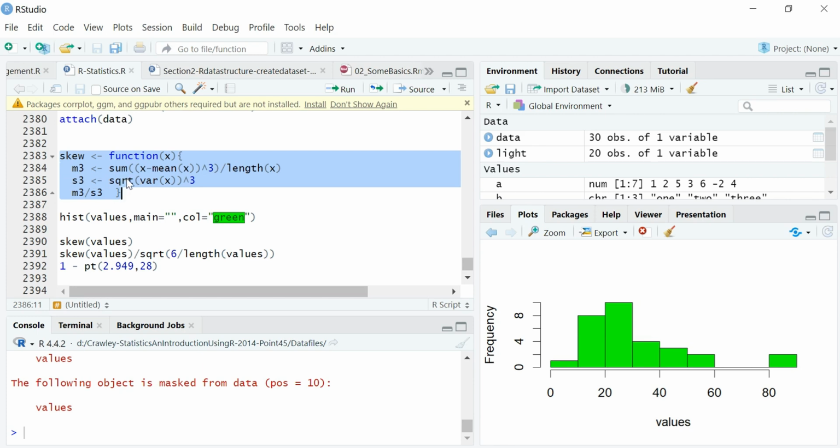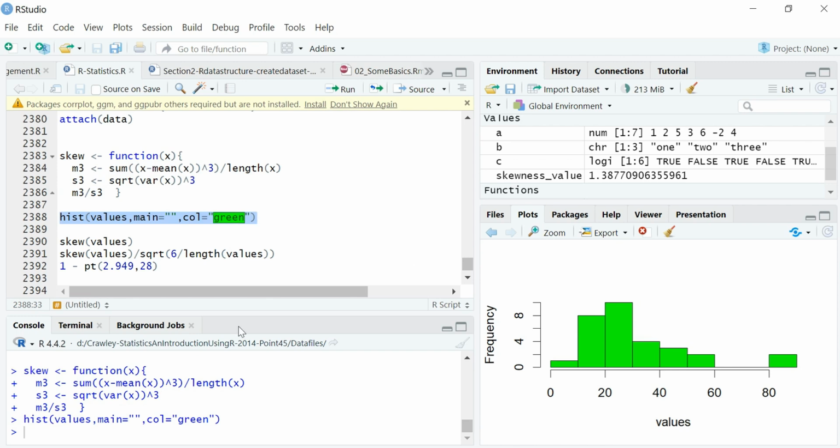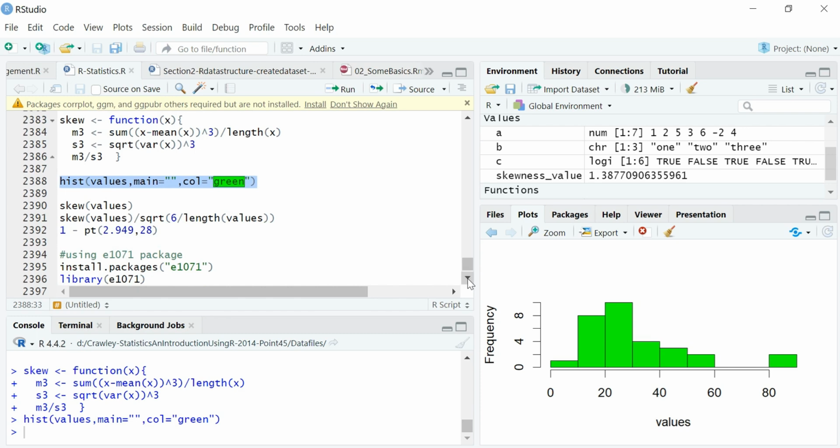This computes M3, S3, then M3 divided by S3, based on the definition of skewness: the third moment divided by the cube of the standard deviation. So this function is done. We can show the histogram of this data. You can see the data has a longer tail on the right side, so maybe this is positive skewness.